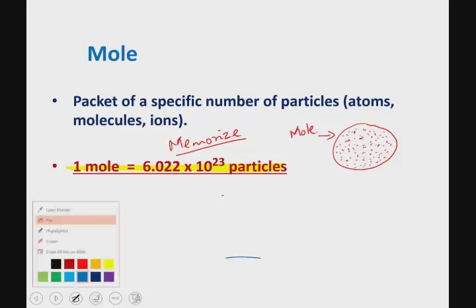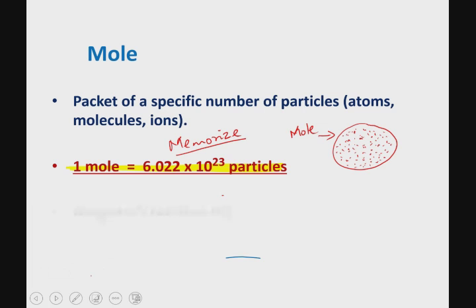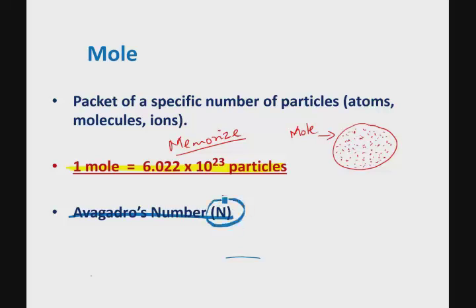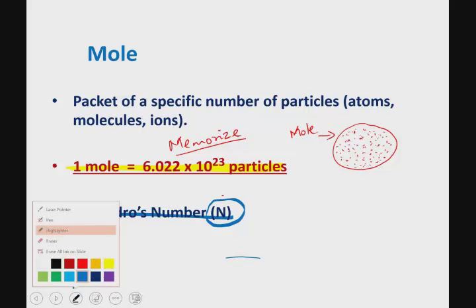This number, 6.022 times 10 raised to 23 particles, is called Avogadro's number. Avogadro's number is given the symbol N. N in this context, uppercase N, is not nitrogen.